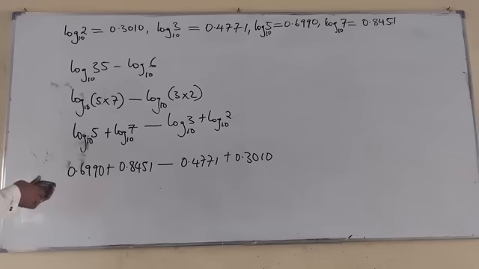Okay, let's see. 0.6990 plus 0.8451 is equal to 1.5441.